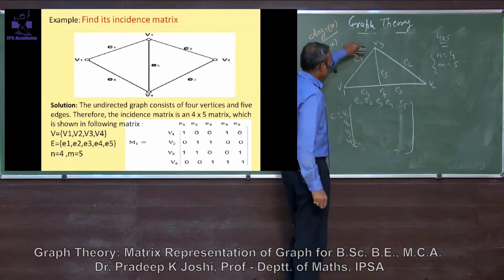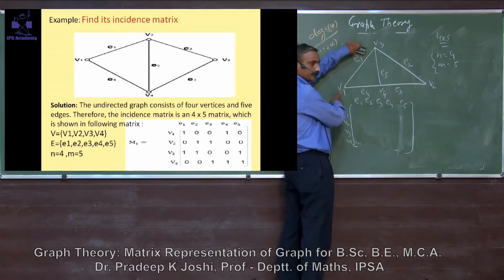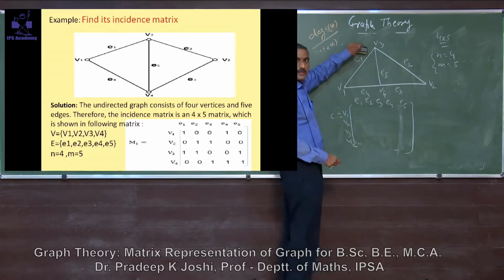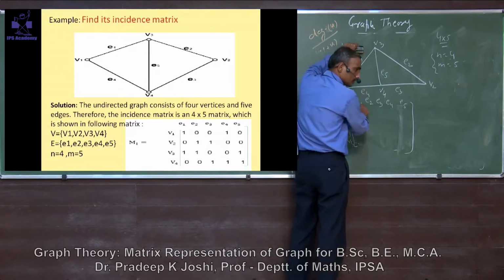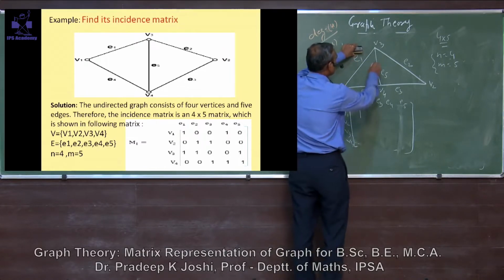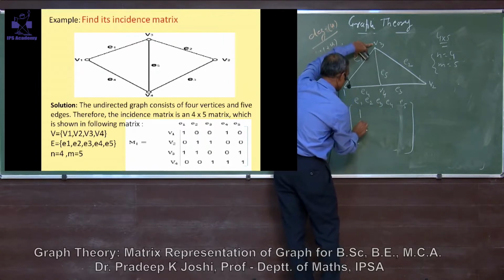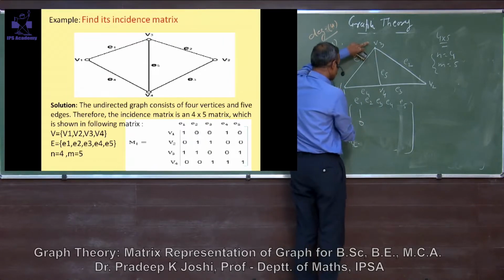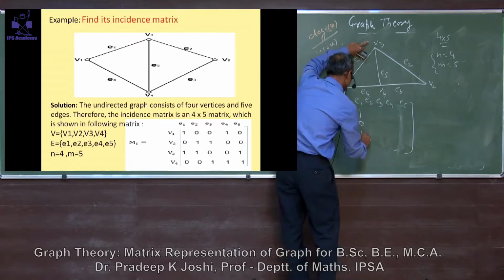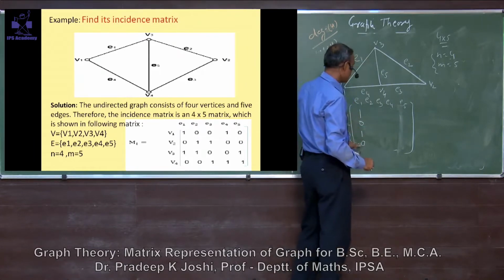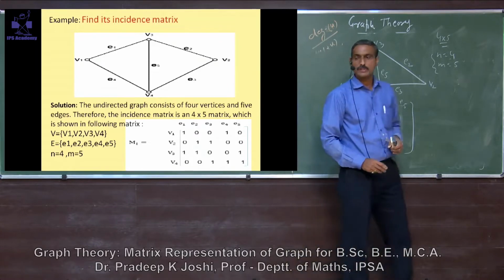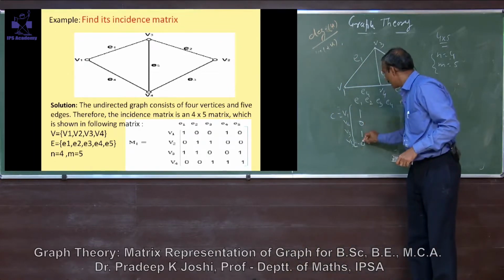Now E1 is incident on V1, so we put 1, and also incident on V3, so we put 1. E1 is not incident on V2, so we put 0, and not incident on V4, so it will be 0. The column of the matrix is 1, 0, 1, 0.